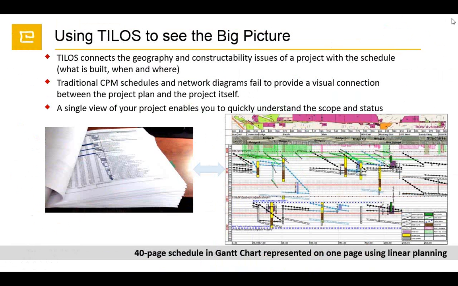Our main aim is to take your major project in your Primavera, Microsoft Project or Asta Powerproject, and represent it in a graphical way, integrating with your existing system. In this way, you will be able to quickly analyze and understand your project scope and project status.